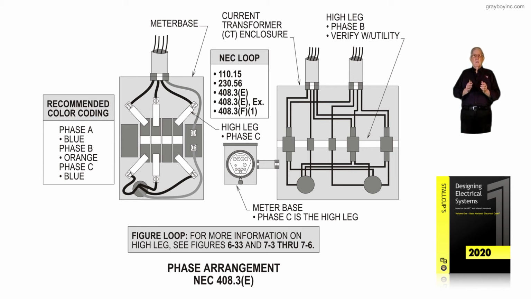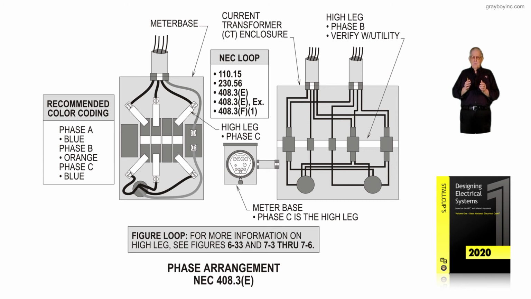And notice it's to the right of the meter. They usually keep it to the right where we have CT cans, and that is a utility rule. If the utility requires the center phase in the CT can to be orange, that would be a utility requirement.